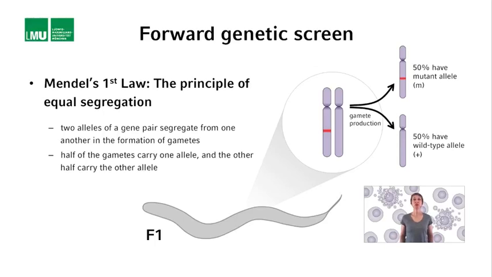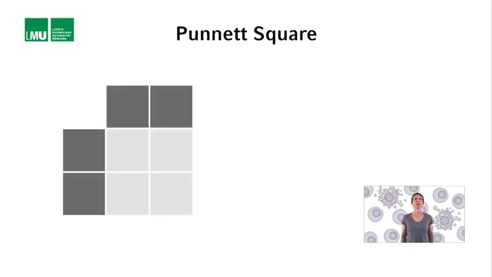This is best done using a Punnett square, which probably many of you have already heard of in high school or as an undergraduate student. In a Punnett square, you write down on one axis all possible genotypes at a specific locus that, for example, can be found in the sperm.